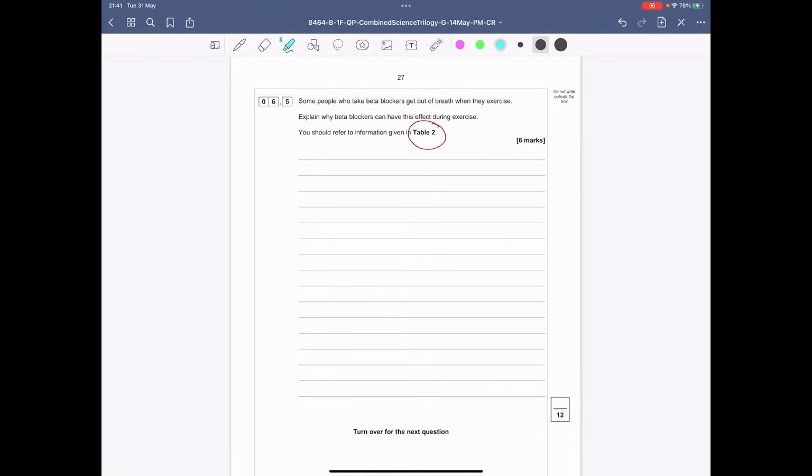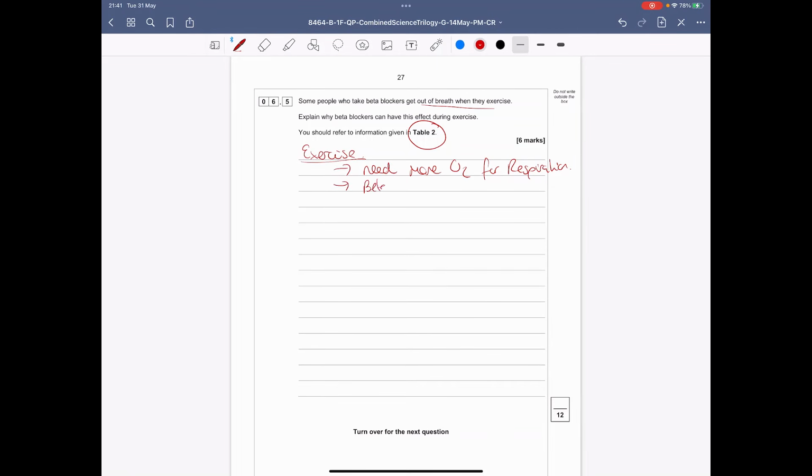So why might that affect people and they get out of breath when they exercise? So we can break it down into what to do with exercise then. When you exercise, you're obviously going to need more oxygen for respiration.